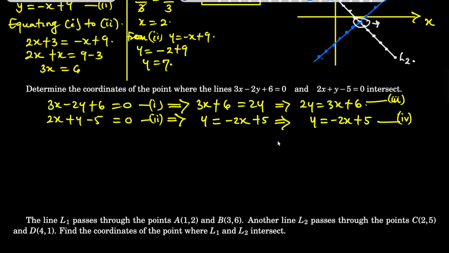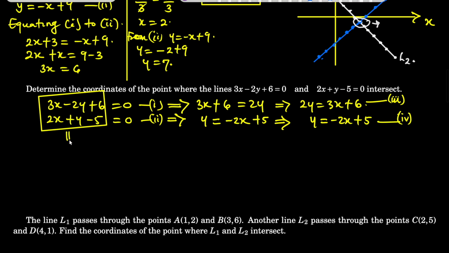Now I leave you in the hands of your understanding of simultaneous equations to solve this. Before I proceed to the next question, there might be someone saying, what if I don't like the substitution method? What if I want to use the elimination method? It's all good, you are free to use the elimination method.